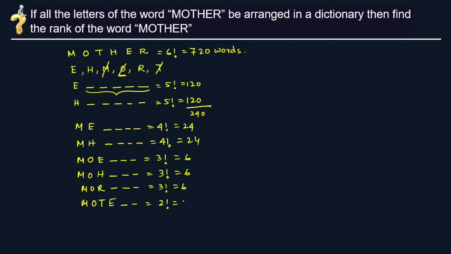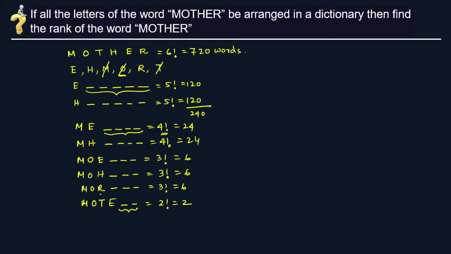It will be factorial 2, that is 2. Are you understanding why I'm writing factorial 2? Because at these 2 places, 2 alphabets can arrange among themselves in factorial 2 different ways. In this case also I have written factorial 4. It means that in these 4 places, the 4 alphabets arrange among themselves in factorial 4 different ways.